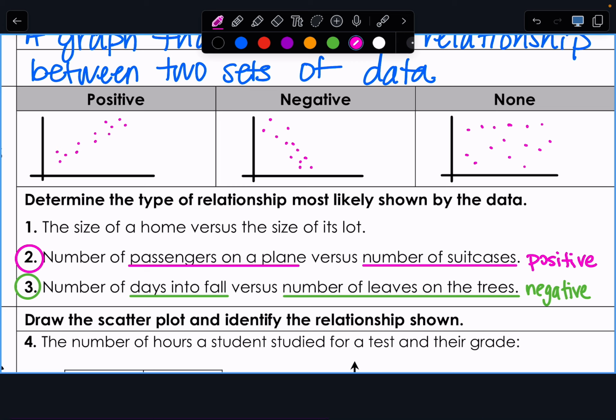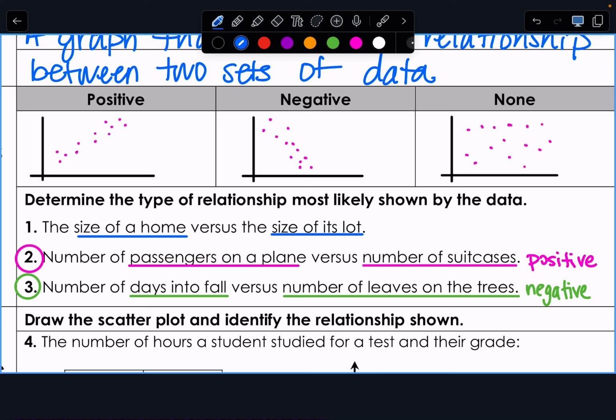Okay. Now, what about the size of a house versus the size of its lot? And what I mean by lot, I mean like your yard. How big a yard you have. It says the size of the lot, and it doesn't say anything else. Well, the size of the house versus the size of the yard.